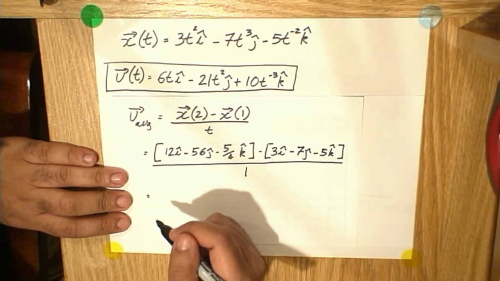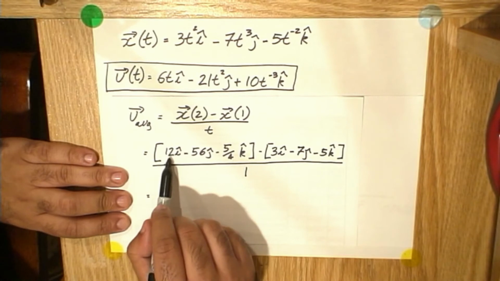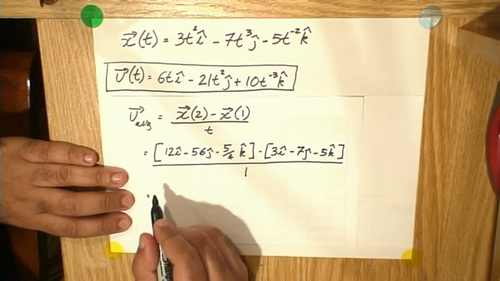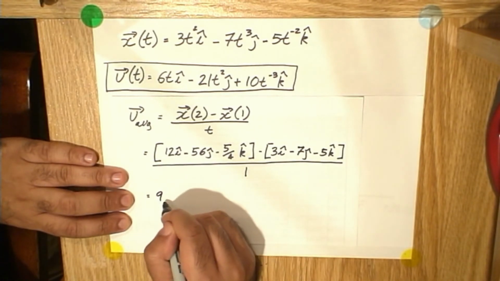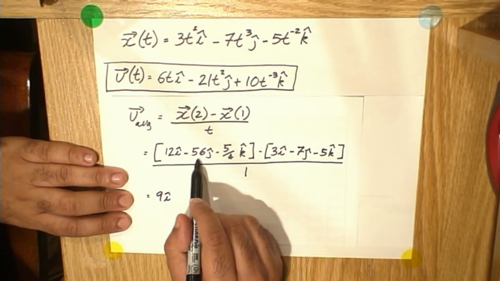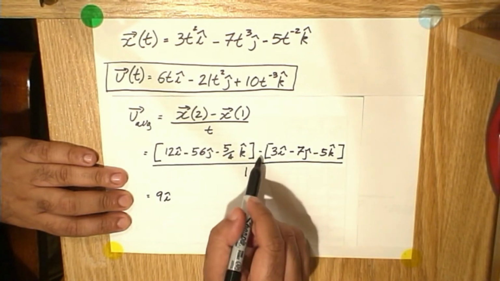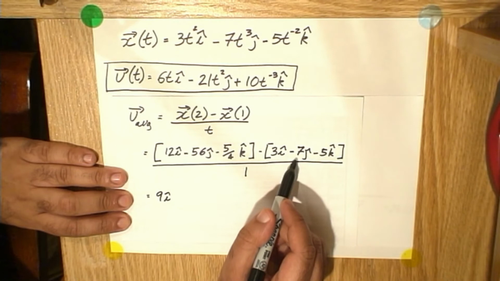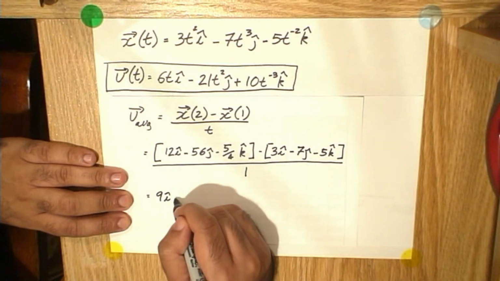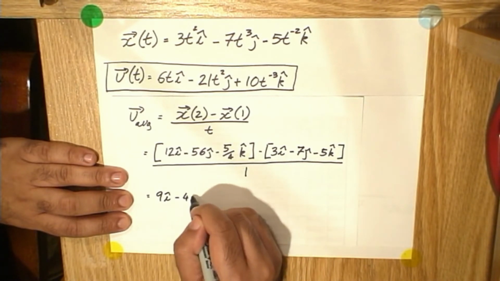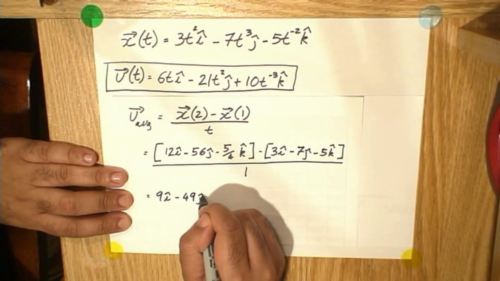So what does all of that work out to? 12 minus 3 divided by 1 is going to give us 9 i hat. Minus 56 j hat minus negative 7 is going to give us negative 49 j hat.